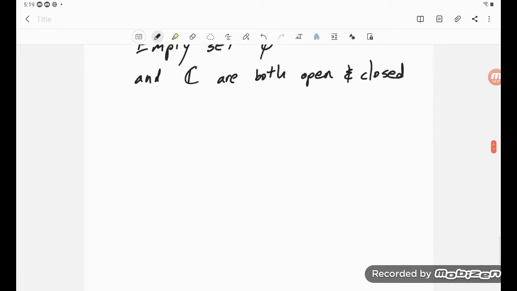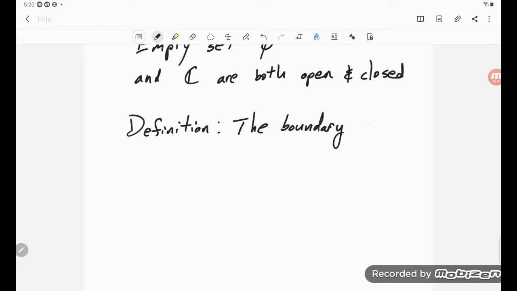Okay, and then finally we have our definition of the boundary of G as a set. So we know about boundary points, but the boundary of G, like that.